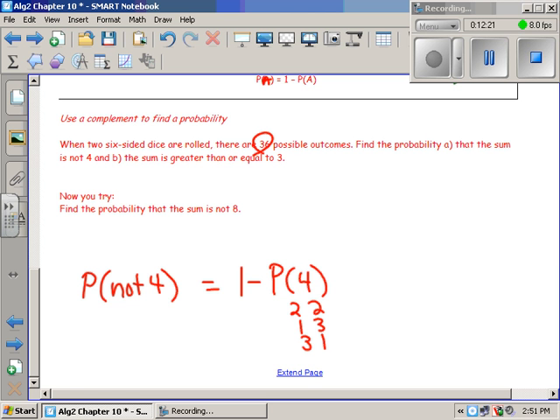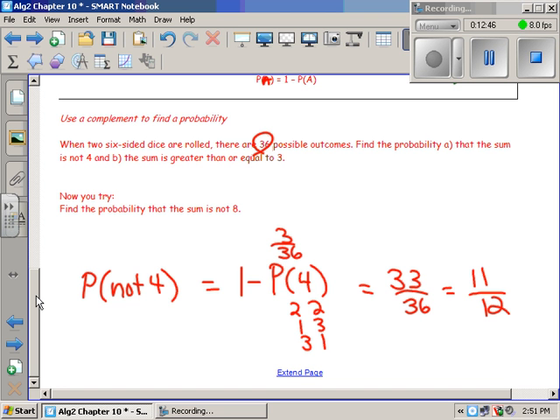So the probability of getting a 4 is 3 out of 36. And so 1 minus 3 out of 36 is 33 over 36, or if I reduce that, 11 twelfths. Okay, so 11 twelfths is the probability of not getting a 4.